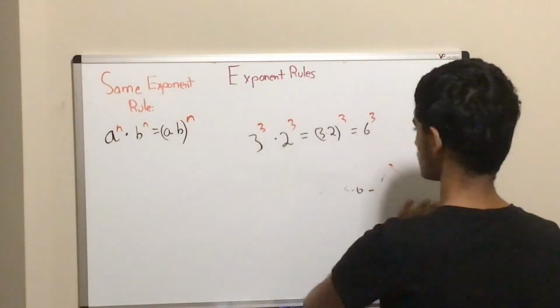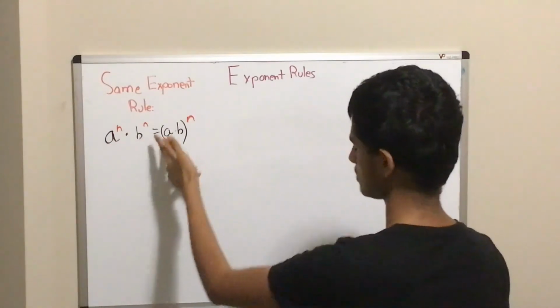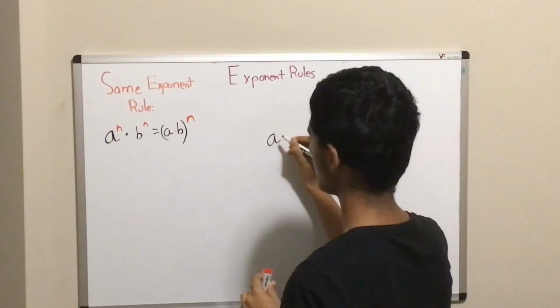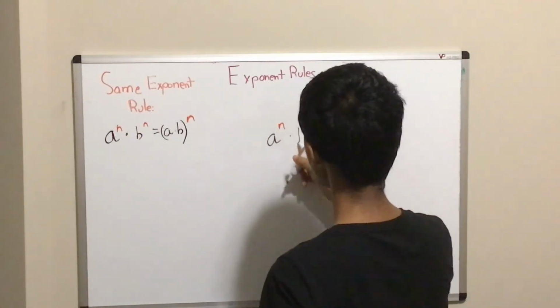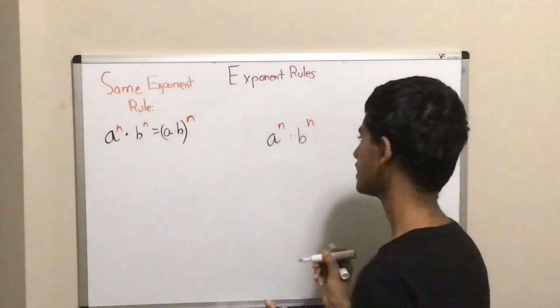Well, let's try examining it with a's and b's. So let's keep this as a to the power of n times b to the power of n. And now let's try repeating the same process again.